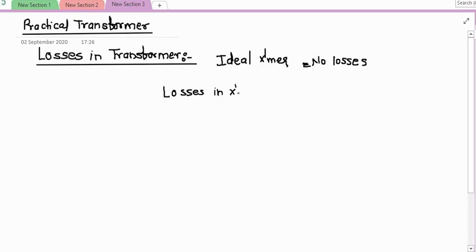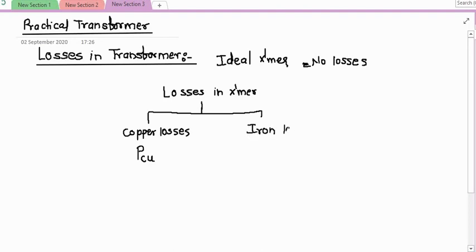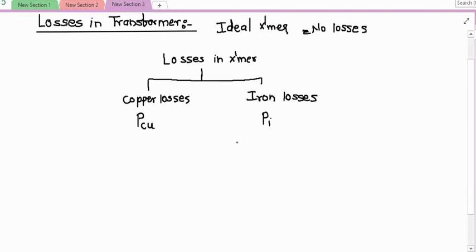Losses in a transformer are normally of two types: copper losses, which are denoted by PCu, and iron losses, which we denote by Pi. Losses are nothing but the loss of power, that's why they are denoted by P with suffix Cu for copper losses and i for the iron losses.